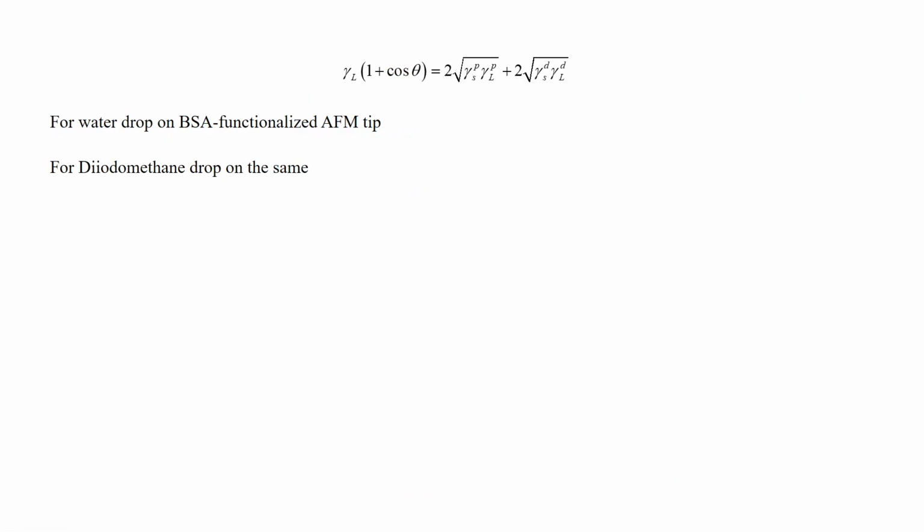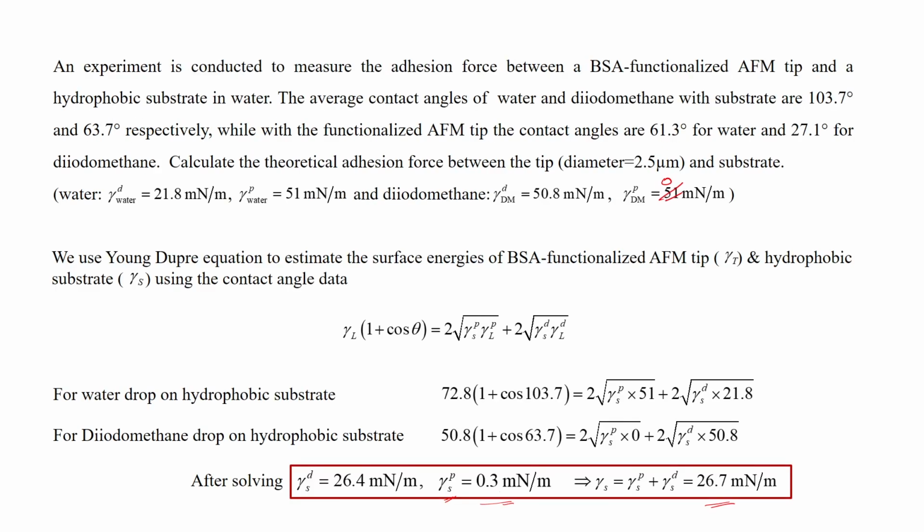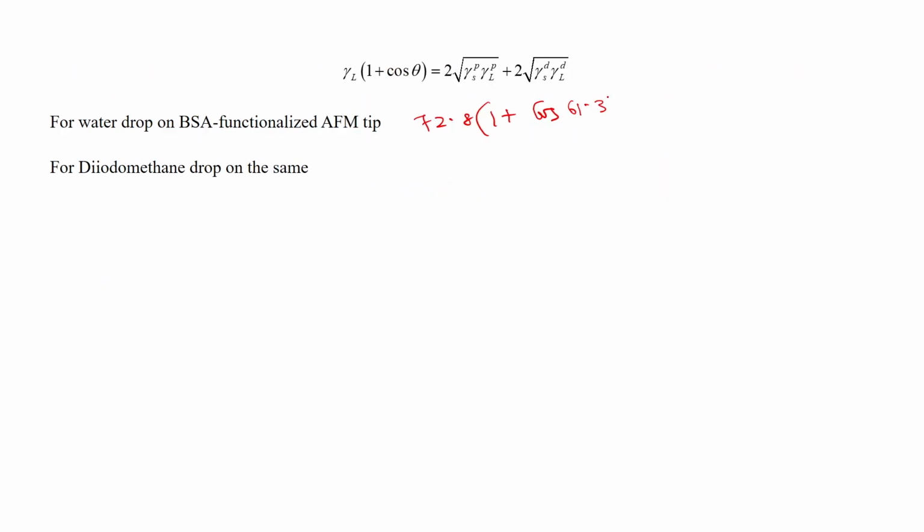Now, for the tip also we need to do the same thing. For water on the BSA functionalized tip, this is 72.8 into 1 plus cos of the contact angle of water, 61.3, is equal to 2 into gamma S P. Actually gamma S P is basically gamma tip here, so let me write it in terms of T here, gamma T P, and gamma L P will be 51, plus 2 square root, and this is 21.8.